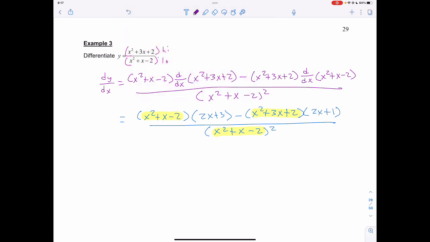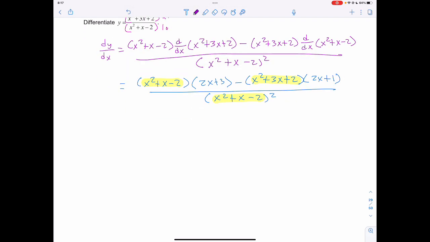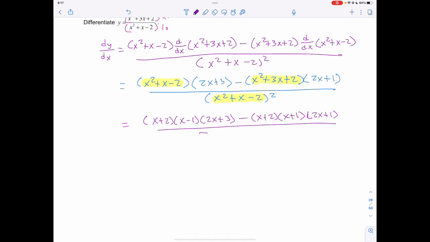So once I factor them, I'm going to wind up with x plus 2 times x minus 1 times 2x plus 3 minus x plus 2 and x plus 1 and 2x plus 1, all over x plus 2, x minus 1 squared.